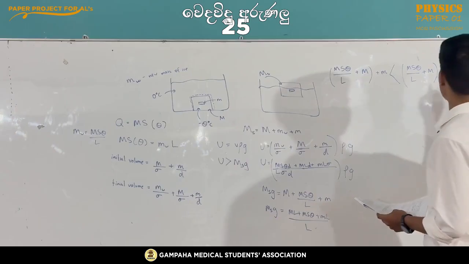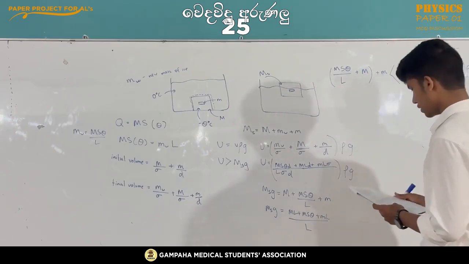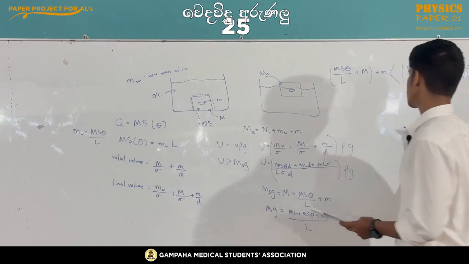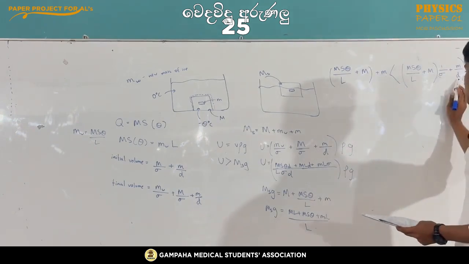I have cut off the g on both the sides. Then we have to simplify these two equations and then make simple m the subject to get the final expression.